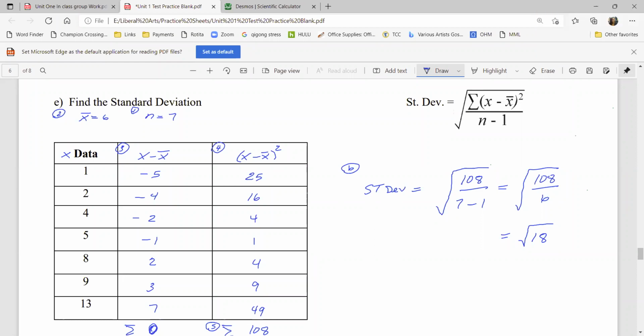I think when I punched in the 108 in my calculator, I got the decimal number. I don't know how to get the square root of 18 in my calculator. I think I jumped straight to the decimal. It's fine. If you went ahead and put this whole thing in your calculator, that's fine.